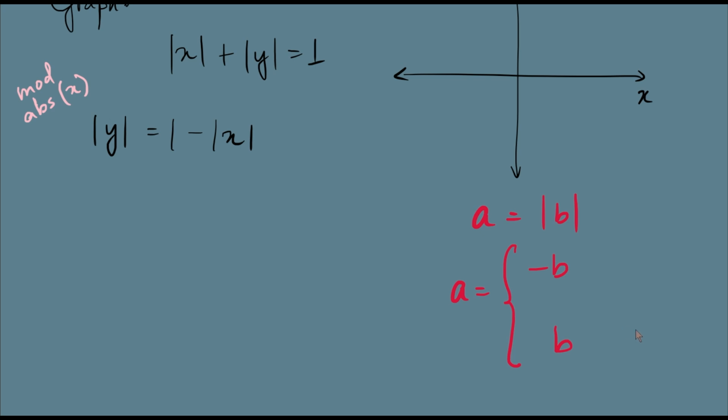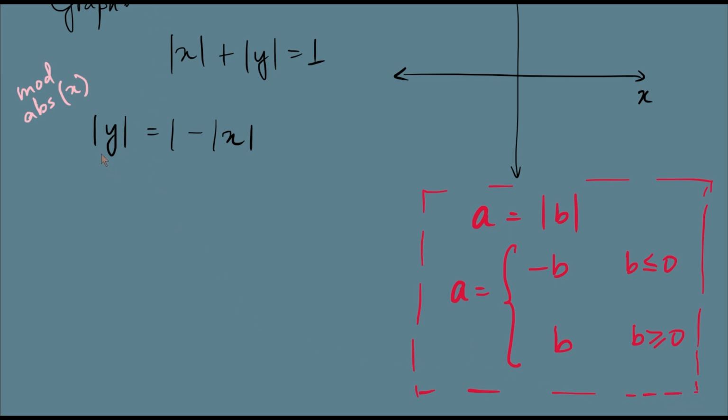If b is greater than or equal to 0, then we get a positive number for b. We actually open the absolute value sign with a positive value. Or if b is less than or equal to 0, we use the negative b version. You should sit with this for a while and come back only when you're absolutely convinced with this logic. Now let's apply the same logic over here.